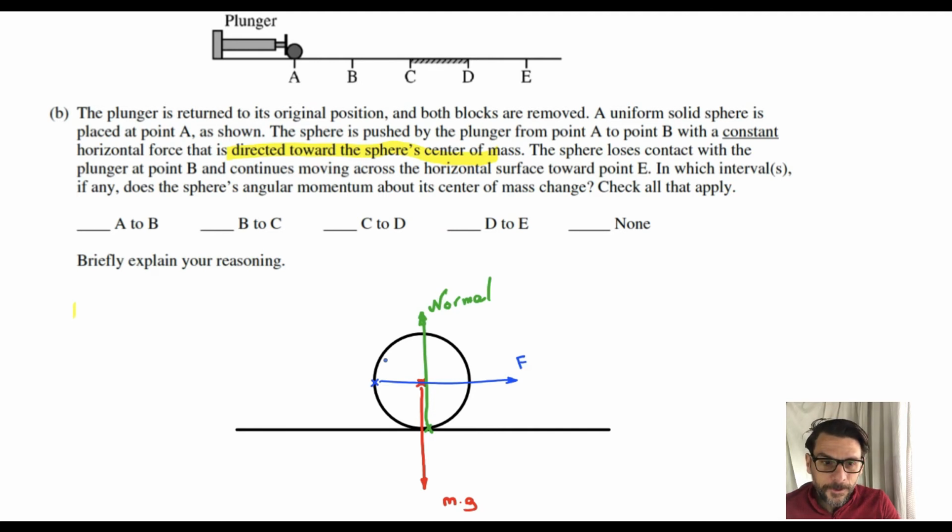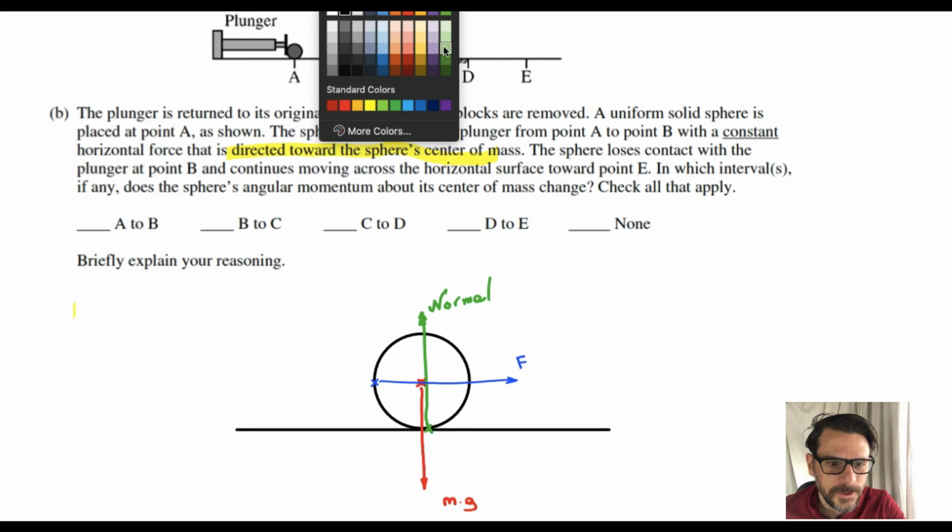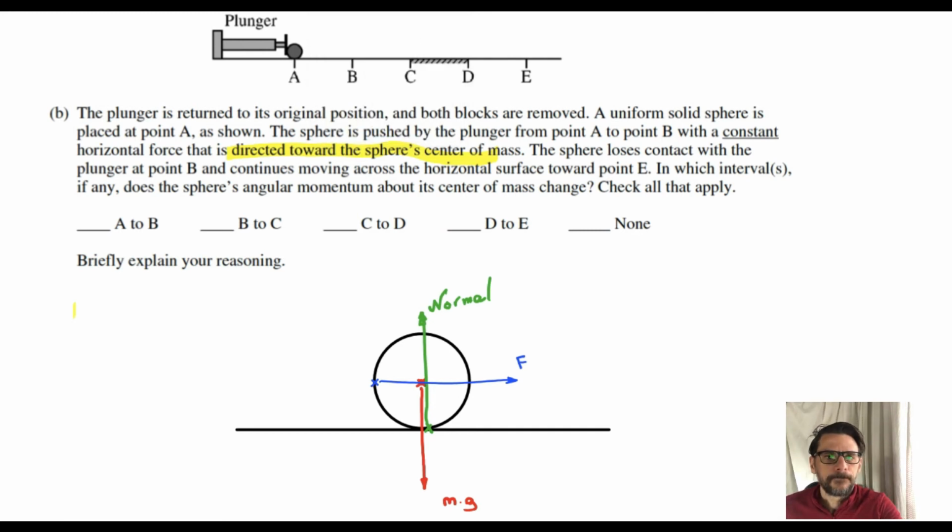Now, there's a fourth force that will only be acting when the object is passing from C to D, and that is a friction force. Let me choose a different color because we ran out of colors in here. Let's use this violet one. Now, where is the friction force acting? Of course, it's acting at this point where the normal force was acting.